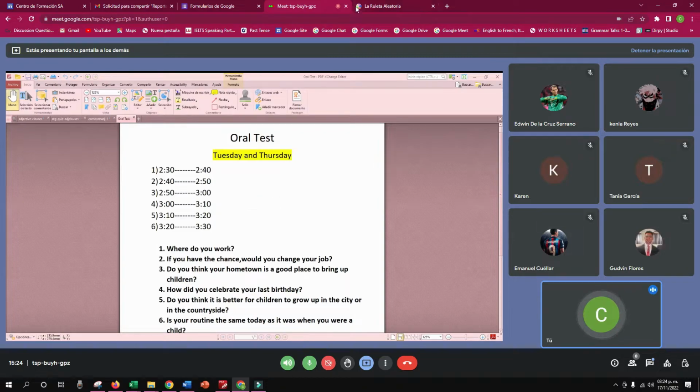Creo que vamos a utilizar la ruleta en este caso para elegir quién sería la primera persona en realizar el examen el día martes. Vamos a rifar con ustedes 6 chicos los del martes y luego, como no están acá en clase, yo voy a asignarles la hora a las personas que hacen falta, porque ni modo.